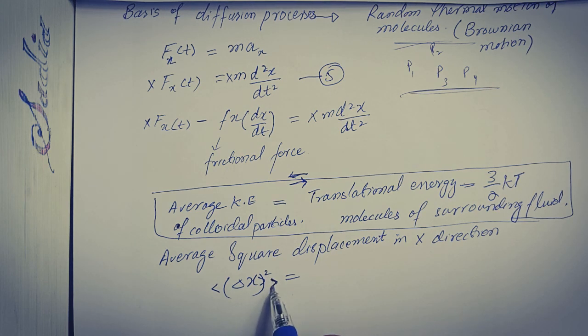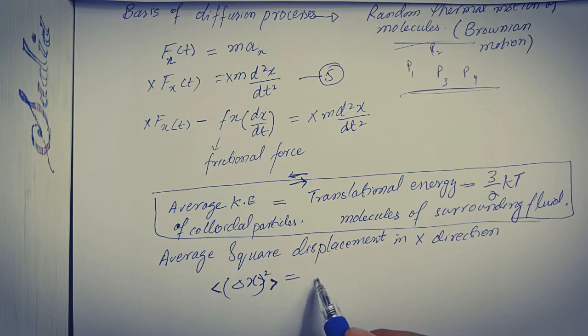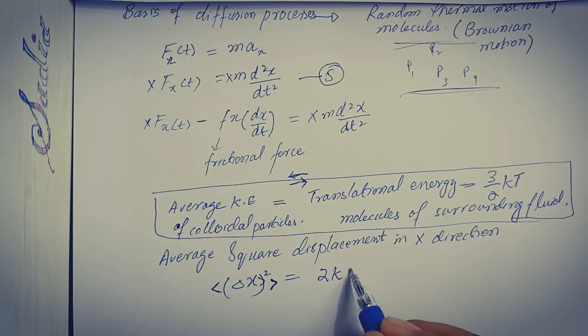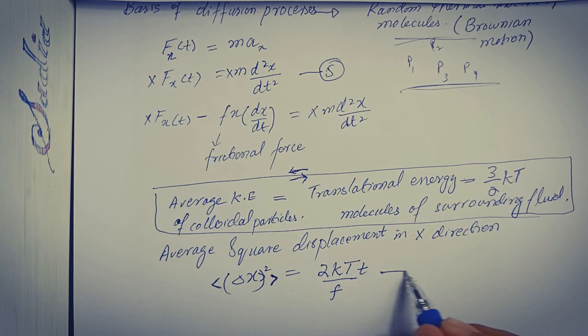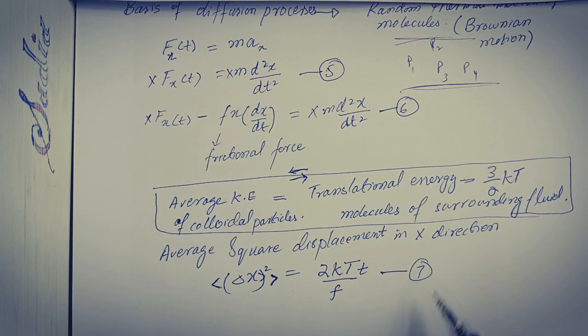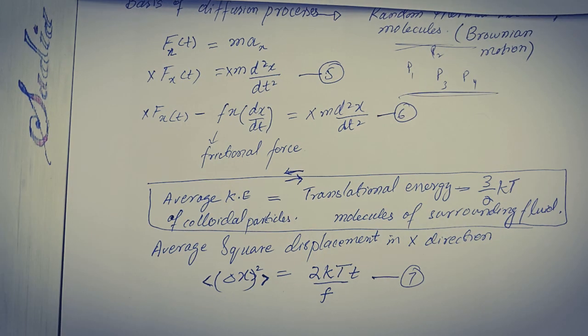So these symbols are showing the average, and it's a difference. Displacement square is equal to 2 kT over F into time t. So this is equation number 7 that is given by Einstein, where F is the frictional force, k is the Boltzmann constant, T is temperature, and small t is time.